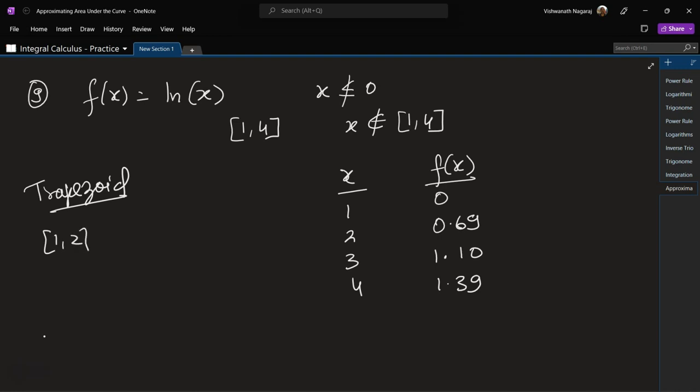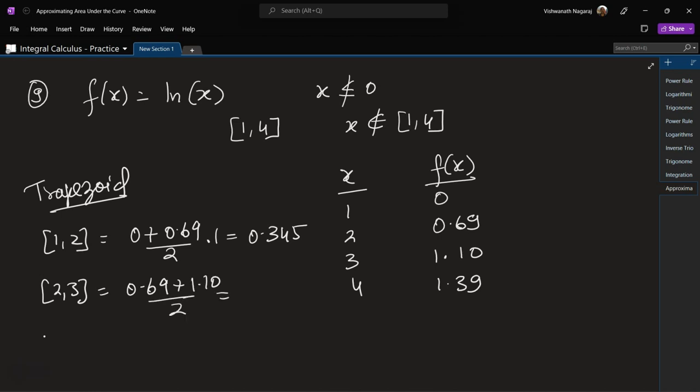So 1 to 2 would be 0 plus 0.69 by 2 times 1. In the previous example, I didn't mention 1 because till now we have been looking at intervals of 1. So this would be equal to 0.345. 2 to 3 would be 0.69 plus 1.10 by 2, which gives us 0.895.